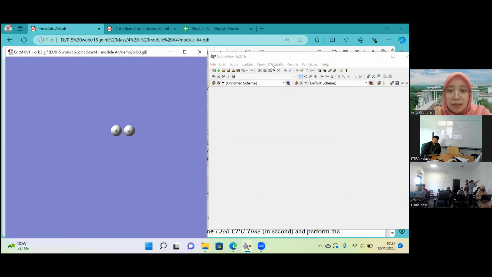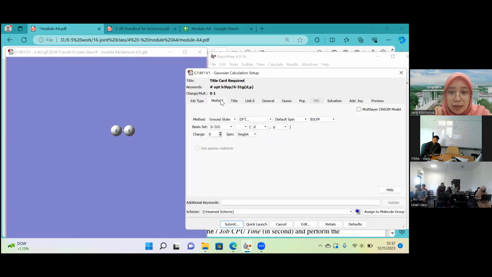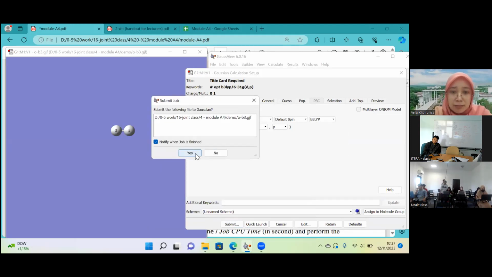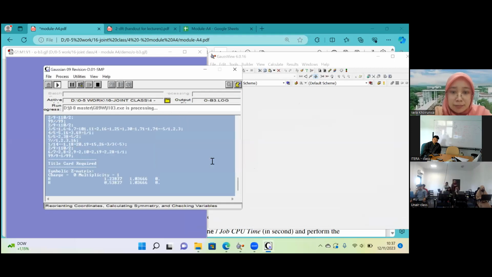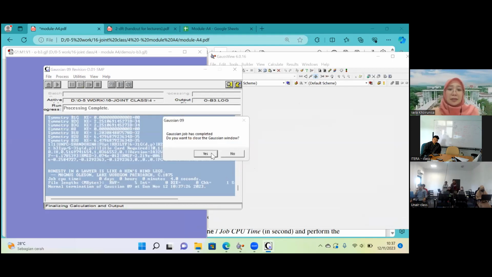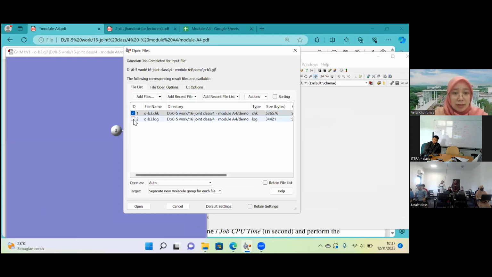And then we calculate, Gaussian calculation setup with the same method. Then just submit, the same. So now it ran perfectly because I chose the right distance.